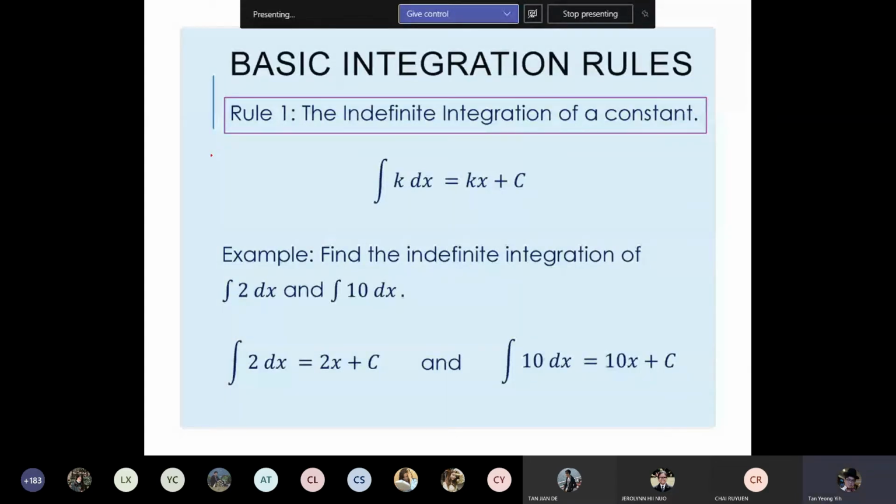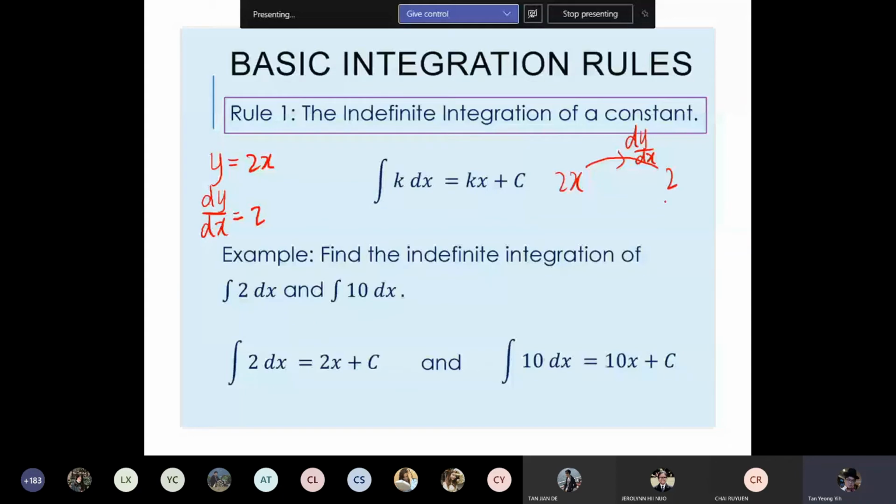If I have y equals 2x, when we differentiate, what do we get? 2. Good. When we differentiate 2x, dy/dx, we get 2.